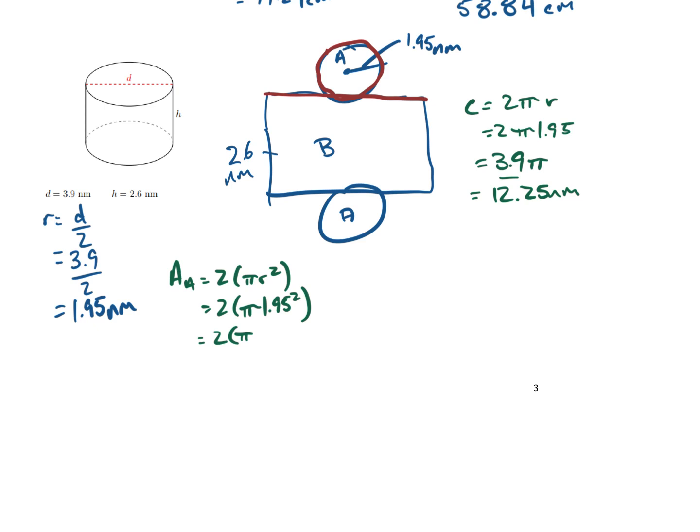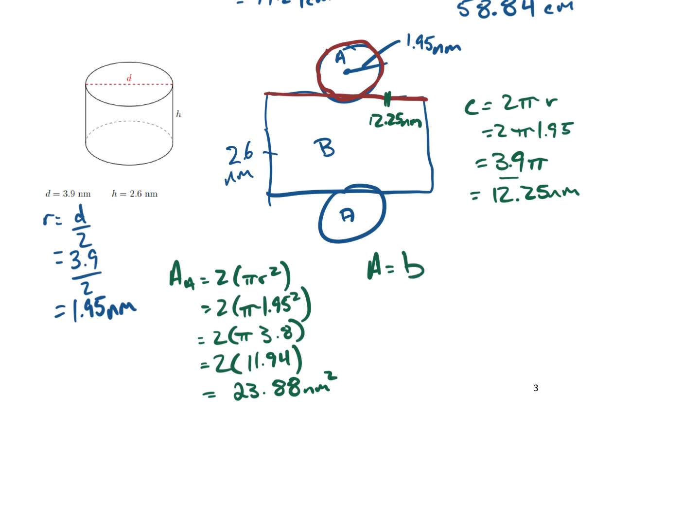So when you do that, you get 3.8. And then when I multiply the pi by the 3.8, I get 11.94. And then when I multiply that by 2, I get 23.88 nanometers squared. Okay, and then my area, oh, I forgot to throw my area in my drawing, 12.25 nanometers.